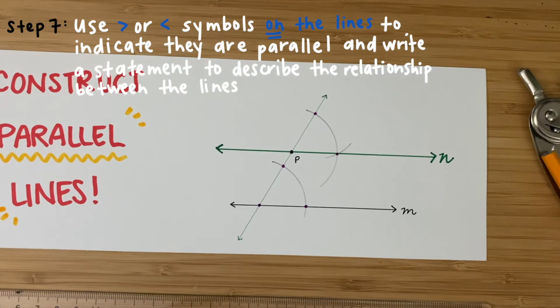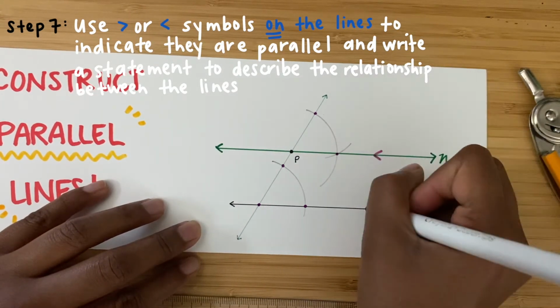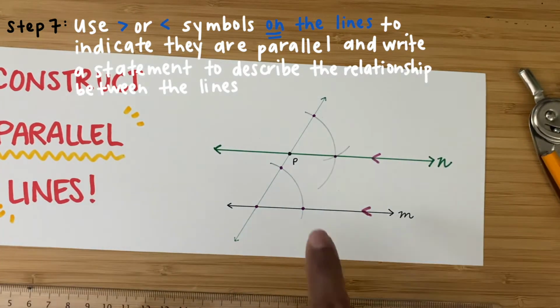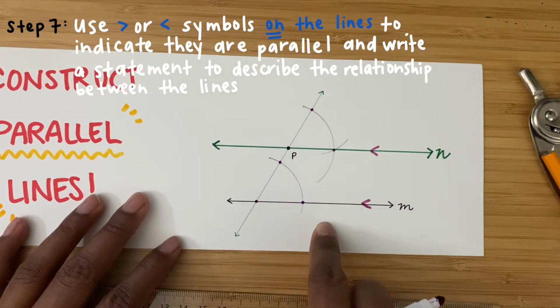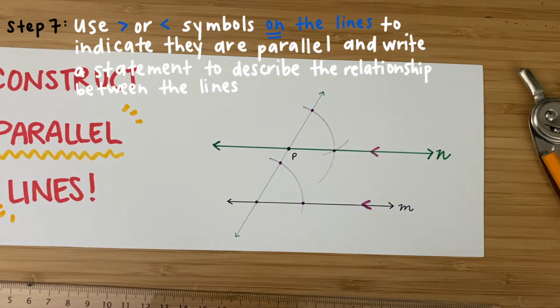In order to show that these two lines are parallel, I am going to use construction marks that are these arrows that look like this. So when I put these little arrows on there, it indicates that these two lines are parallel. If I had another set of lines that were parallel, I could put 2 of these construction marks on each line.